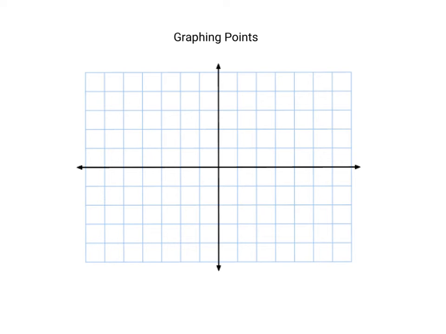So now when I move to graphing points, I think, okay, well, here's my x-axis and my y-axis. I'm going to remember that this is the positive side, going to the right. I'm going to remember that this is the negative side, going to the left.